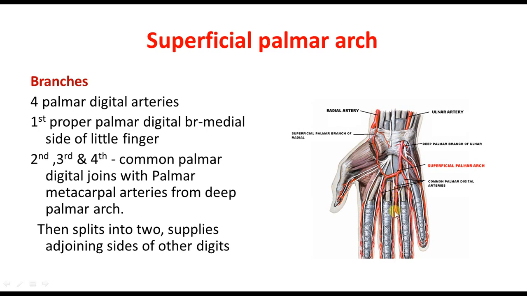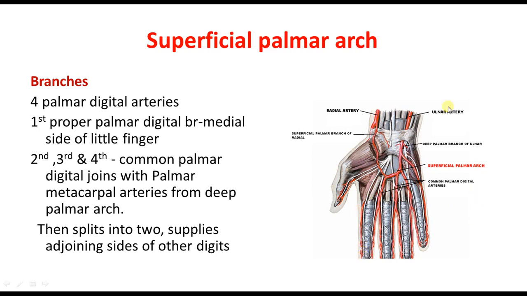After giving that, the common palmar digital arteries split into proper palmar digital arteries to the adjacent sides of the little, ring, middle and index fingers. So they supply the digits except the thumb and the radial side of the index finger.